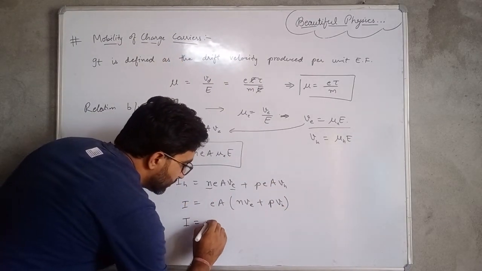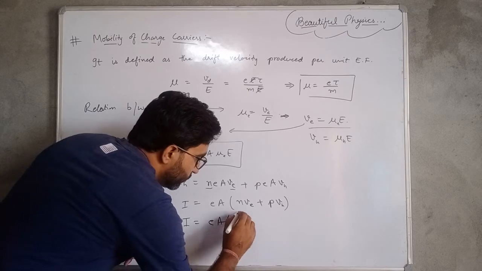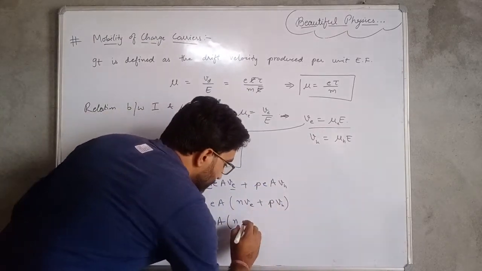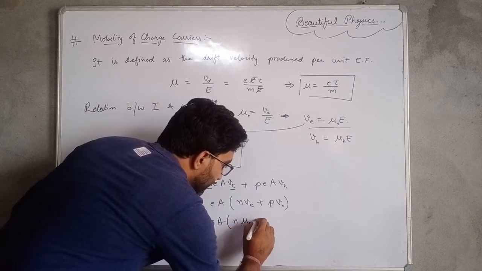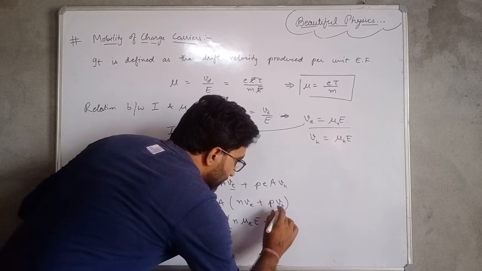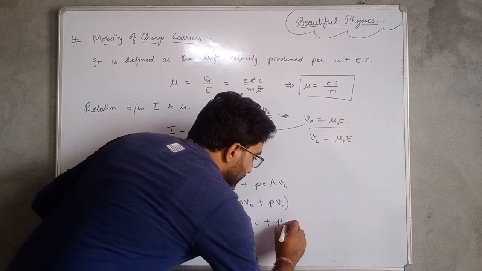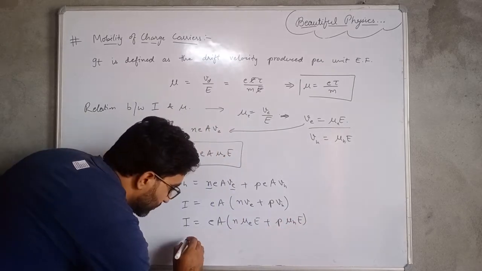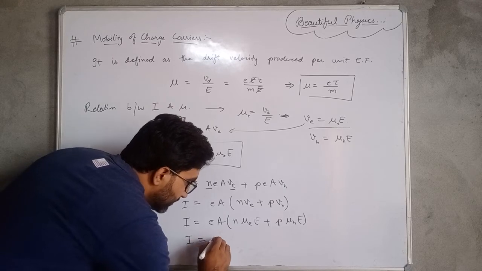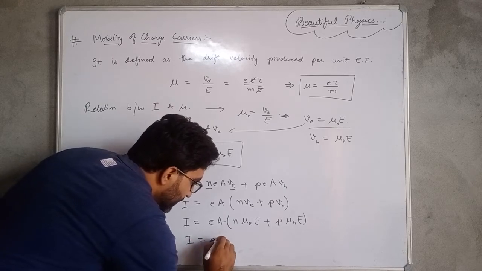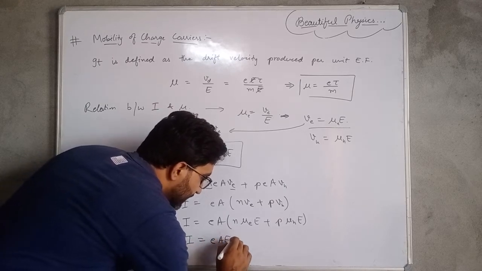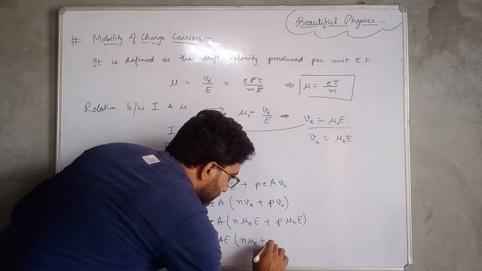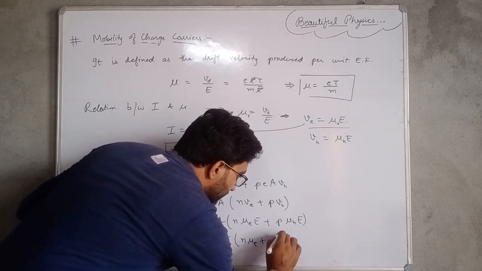Then we have I = e A into n as it is. In place of Ve, we put mu e times the electric field, plus p, in place of Vh, mu h times the electric field. The electric field can also be taken as common. So I = e A times the electric field into (n mu e + p mu h).